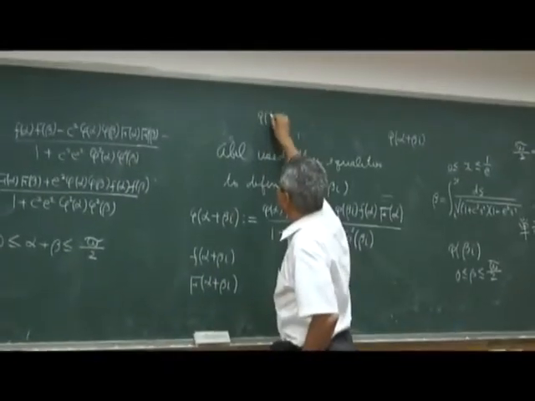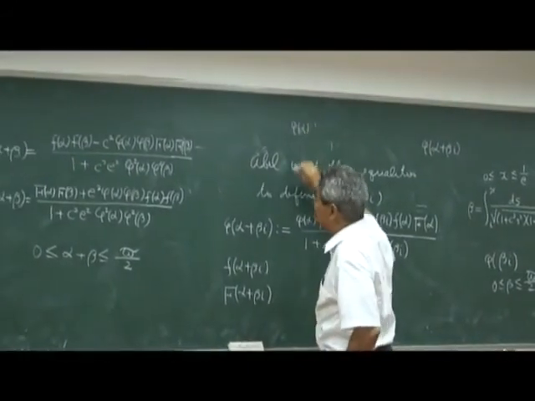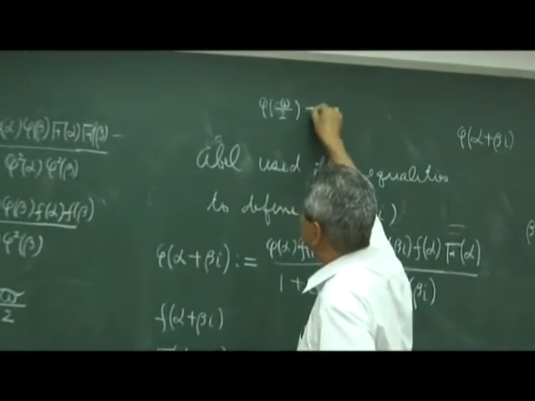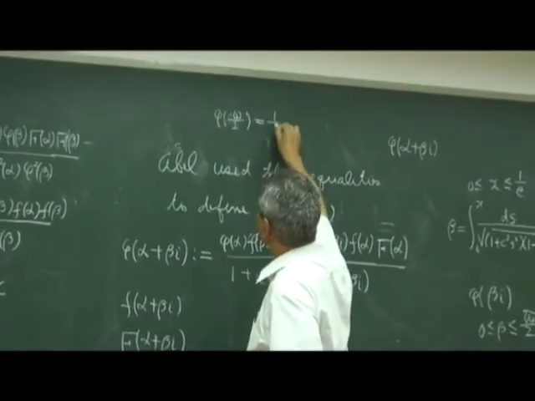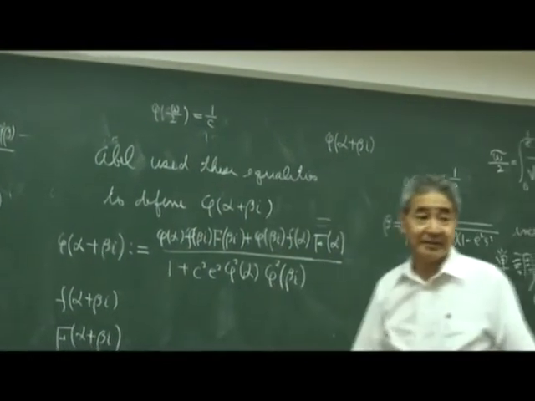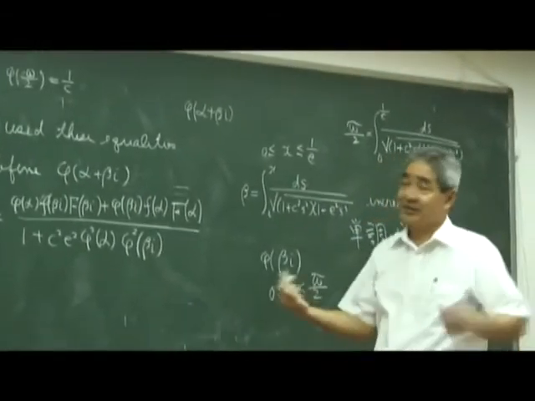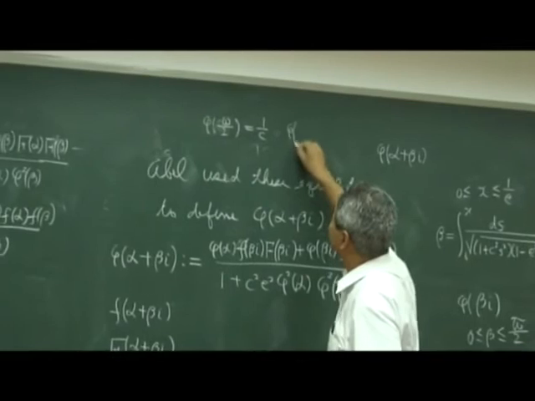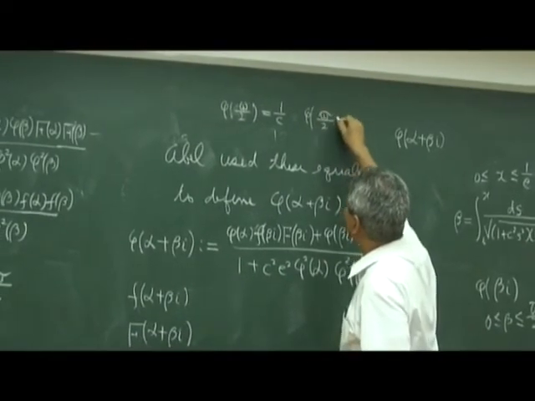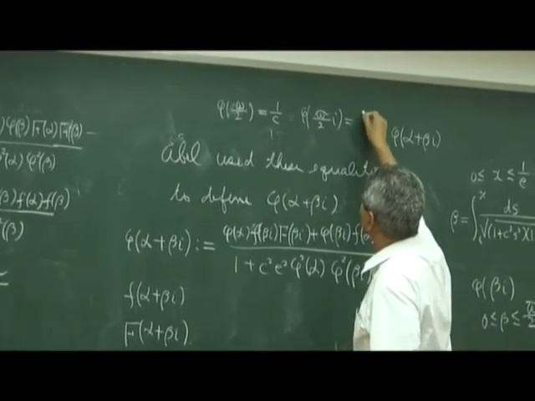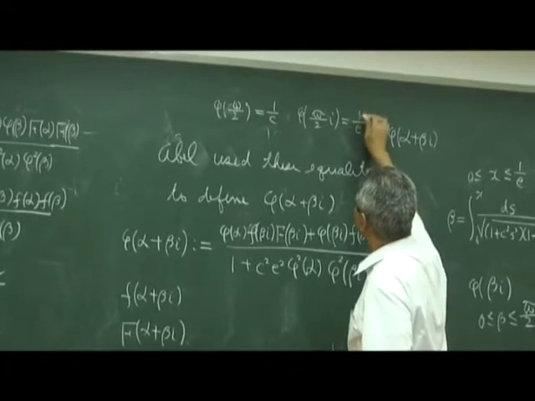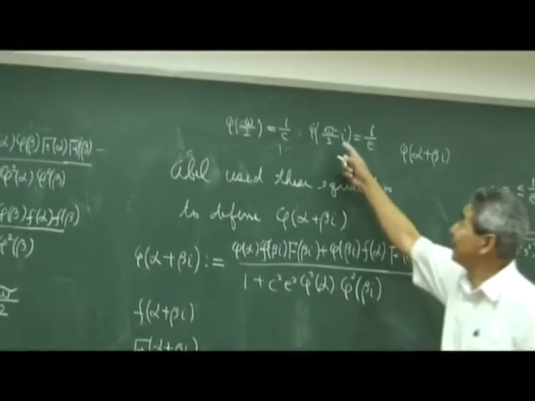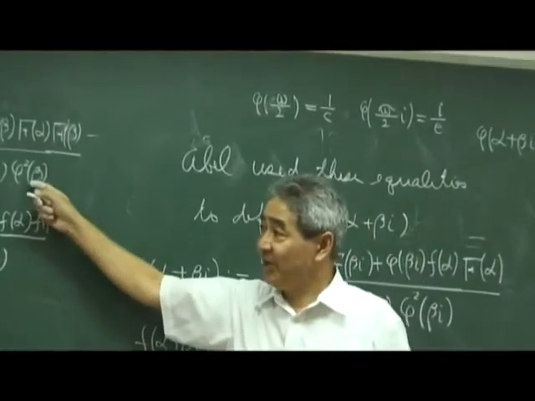Phi alpha, no. This is 1 over c. Okay. That's just the inverse. And also, phi of omega tilde I is I. So in here, the denominator becomes 0.